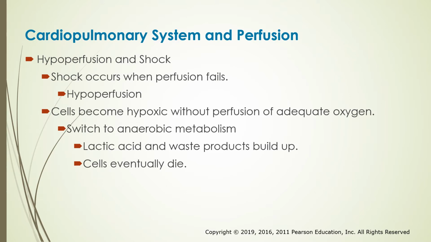So the way I look at the cardiopulmonary system and the exchange of oxygen and carbon dioxide is like a massive railway system with two stations. Our blood would be the train and the vessels would be the tracks. One station is in the lungs at the alveoli, and the other station is at the capillaries. So we breathe oxygen into our lungs. It goes down to the capillaries, which is a train station.